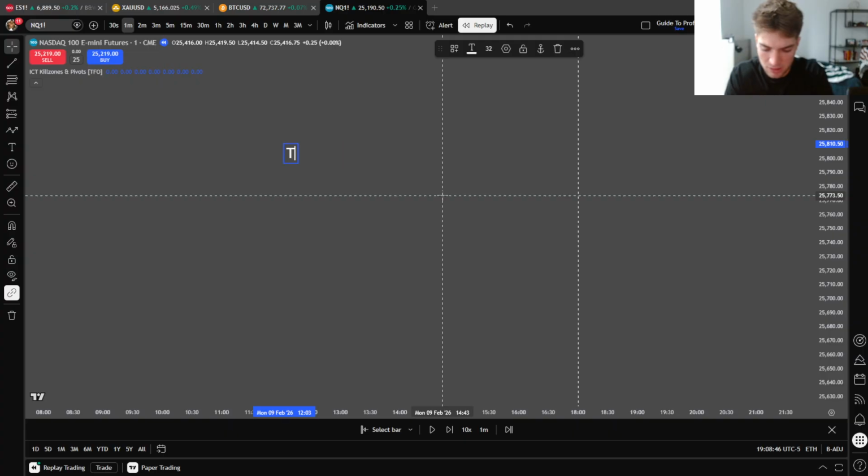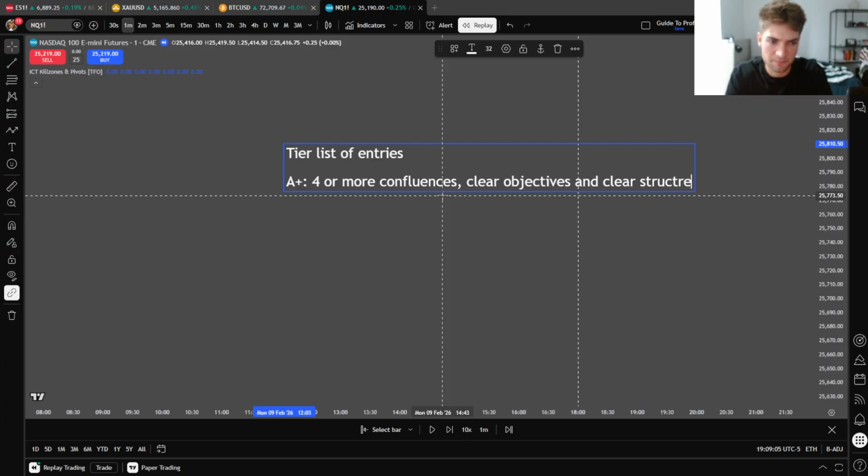So, tier list of entries. A+ would be 4 or more confluences, clear objectives, and clear structure. Sorry, I guess in this case, 4 or more confluences.